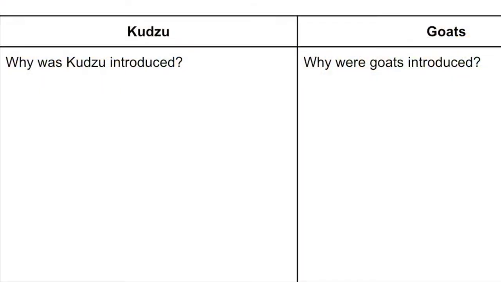Goats and Kudzu? Yes. And on the second column, it says, why were goats introduced? So now you know why they were introduced. So why were goats brought? Go ahead and answer that.